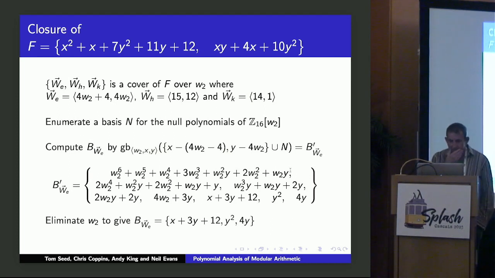closure. So let's do it in terms of this example, f, and we can pick up the details in the paper. We're going to calculate a cover for f, using the techniques that I've pointed out on the previous few slides. And we can have a covering which breaks into three parts, where the first part is a tuple of polynomials in terms of one variable, w2.